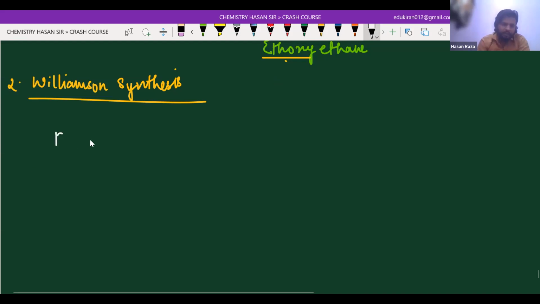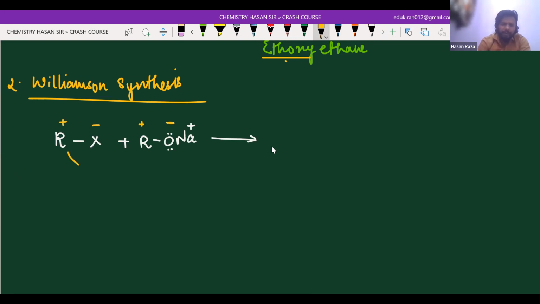When you react an alkyl halide with a sodium alkoxide, you can write positive or negative if you want. This has positive charge, this has negative charge, so this will directly come here, and you can see ROR will be formed, and NaX will be the byproduct. Simple.